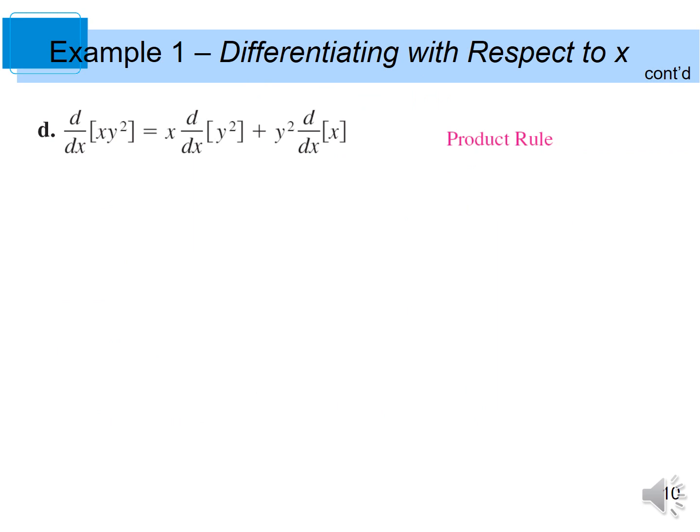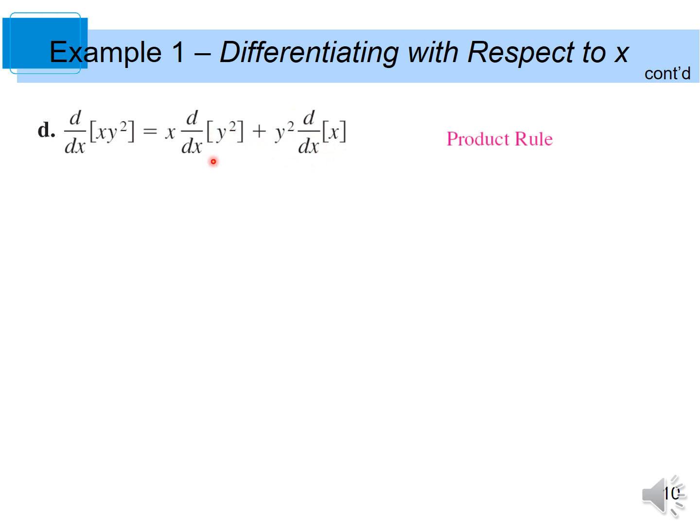Look at this example. Differentiate xy squared with respect to x. The main function is in product form, so we use product rule. We differentiate the second function with respect to x times the first function, plus we differentiate the first function with respect to x times the second function. For the second part, it is no problem to differentiate the x with respect to x.